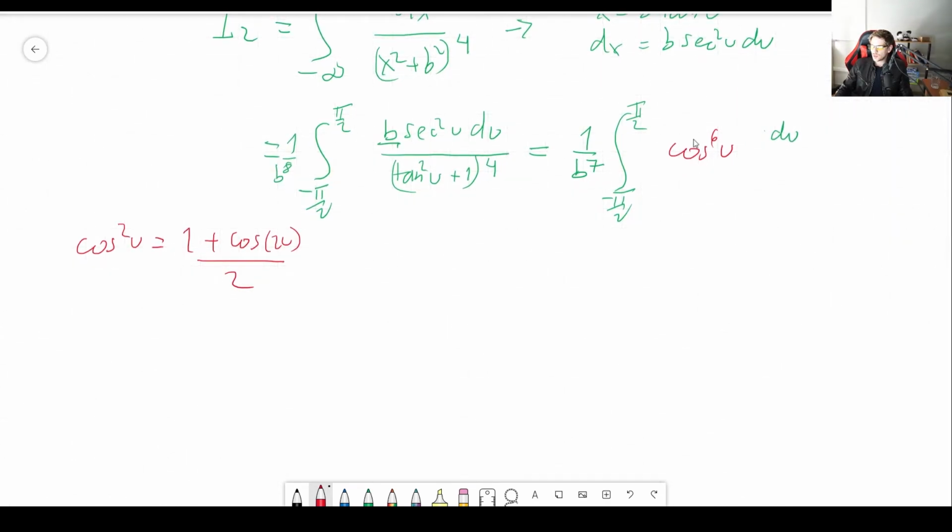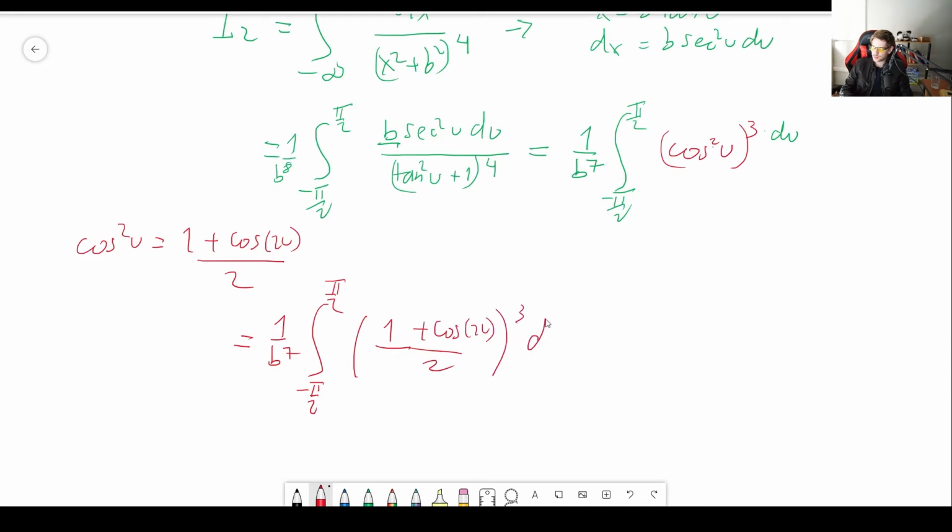And then we can just write this as cosine squared, cubed, right? So cosine squared, and that is cubed. So by doing that, we can now rewrite cosine squared with this formula. So we get ((1 plus cosine of 2u) over 2) cubed du.